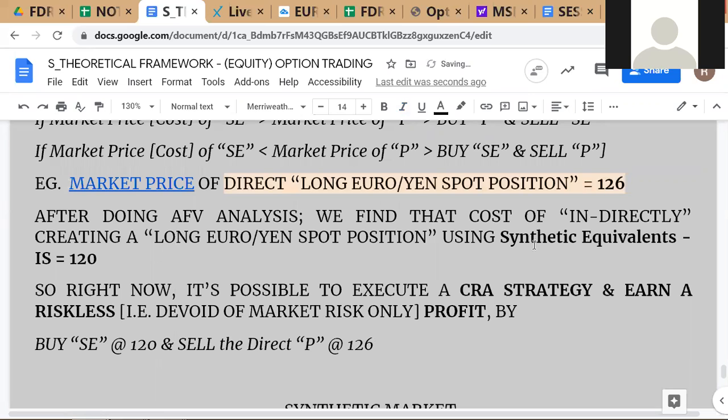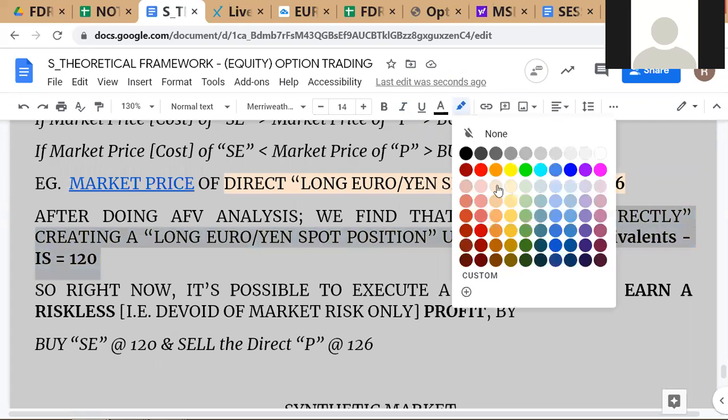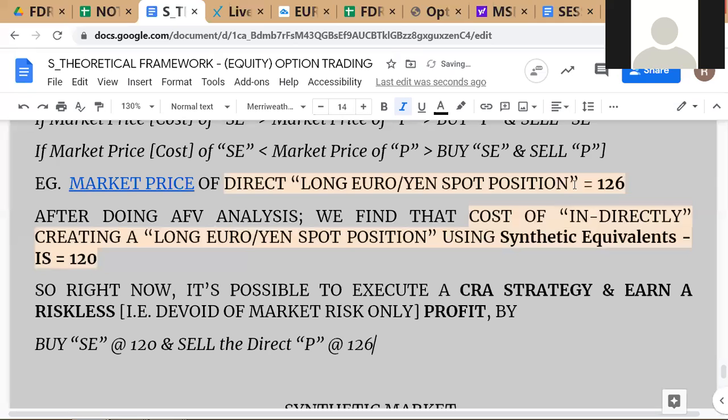Direct is 126, indirect is 120. Okay, so we can execute a CRA strategy. We find the synthetic is cheaper, so we buy the one that is cheaper. We sell the one that is more expensive. We sell the euro-yen. Okay, so we sell the direct position at 126, and we buy the synthetic equivalent at 120.